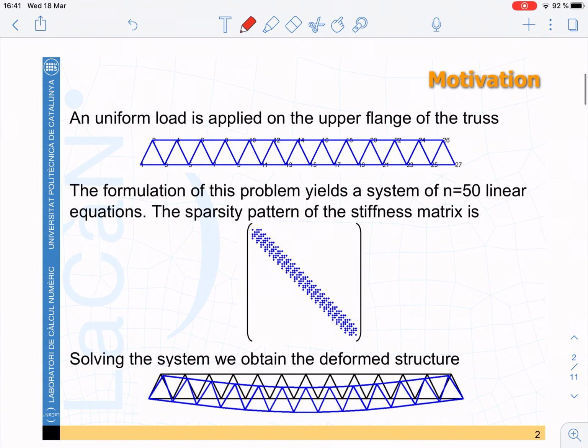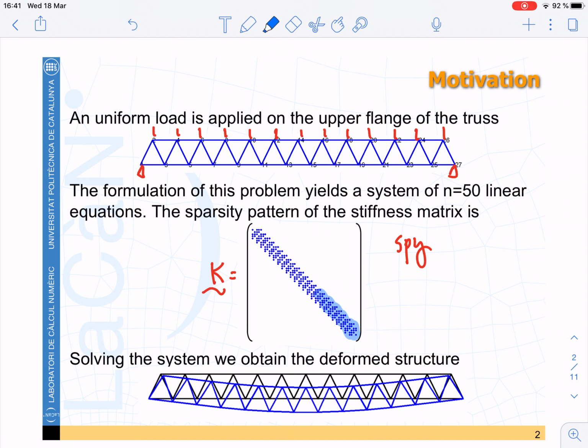As a motivation, consider this truss structure that is simply supported and subject to this uniform load in this upper flange. This is the stiffness matrix K of this structure, and command SPY in MATLAB reveals its sparsity pattern.